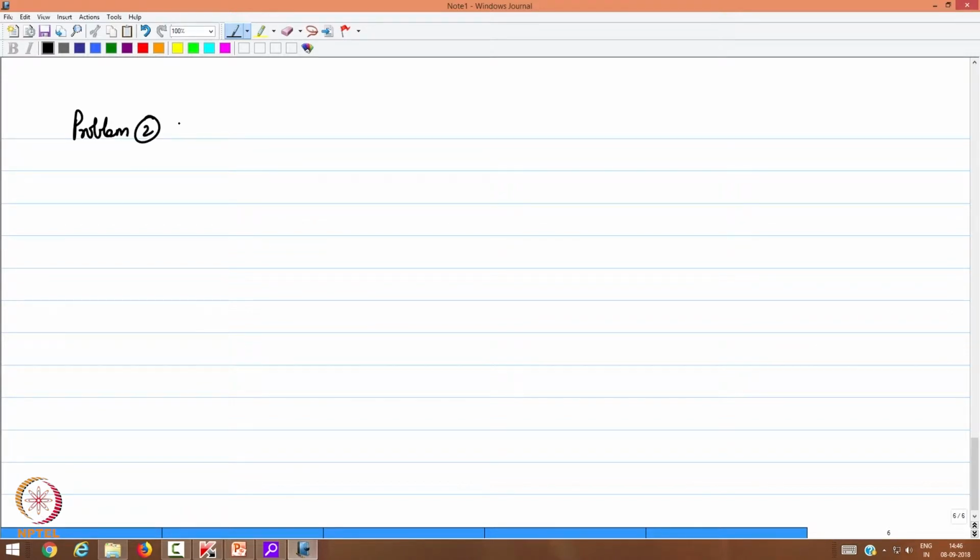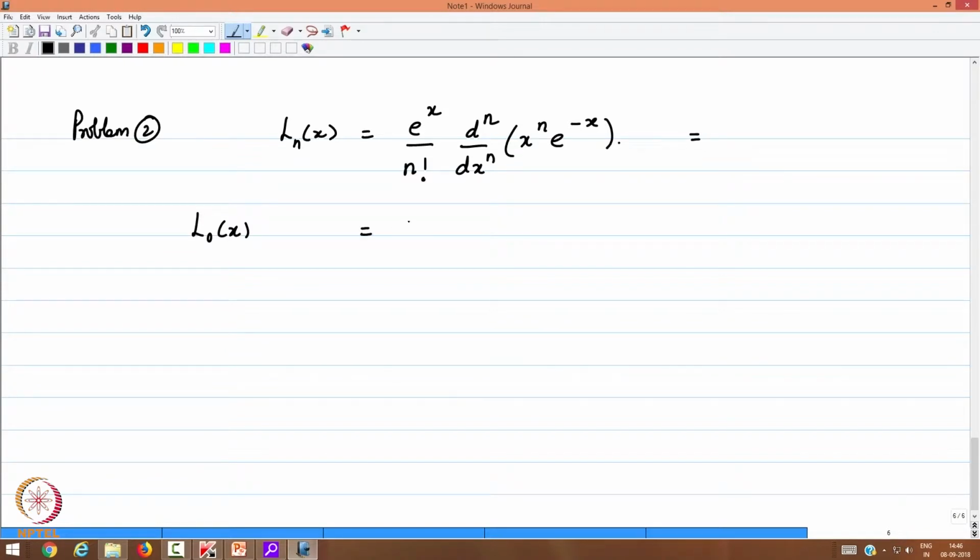Let us first calculate the 3 or 4 Ln of x, where Ln of x is e^x divided by n factorial times the nth derivative with respect to x of the function x^n e^(-x). So L0 of x: the derivative is the identity, n is 0, so this is x to the power 0, and L0 of x gives you 1.